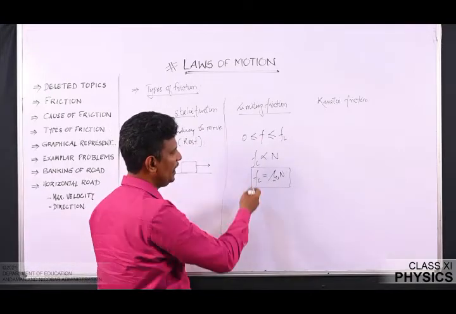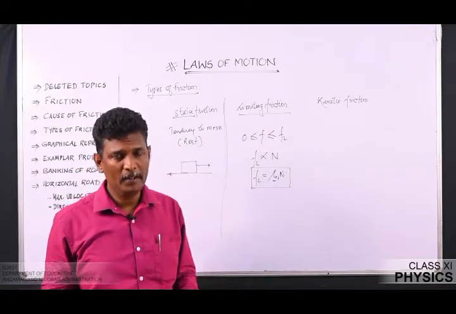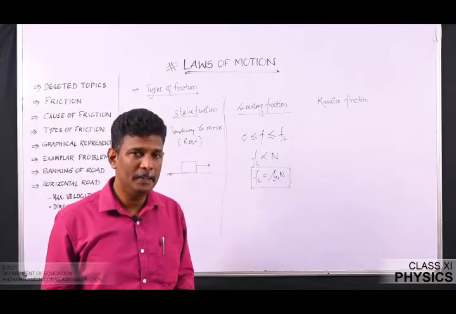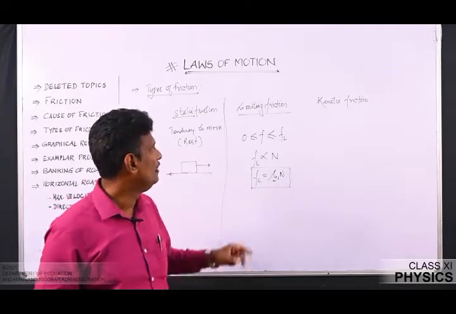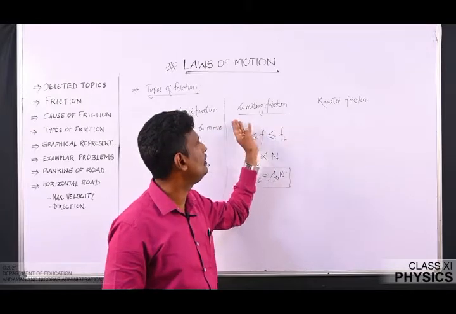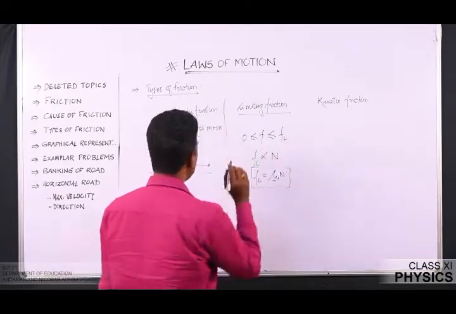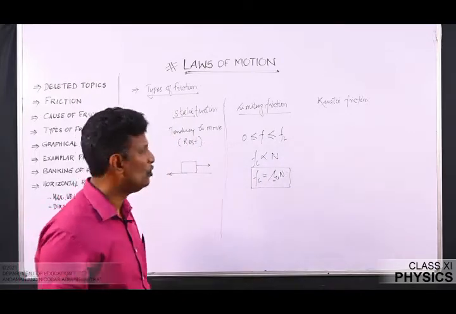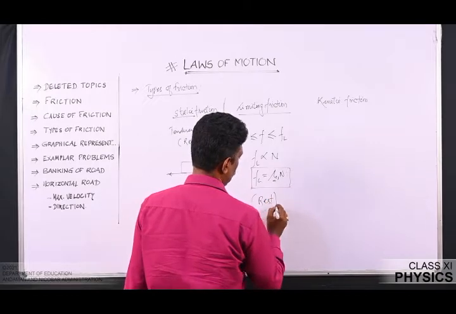So from this we can see that a certain limit is there. If we apply force beyond that limit, the body will start moving. That limit up to which the friction exists is called limiting friction. Here also the body is tending to move, but not at all moving. So here also the body is at rest.